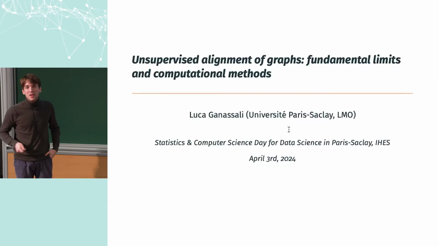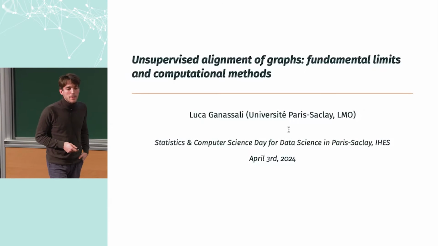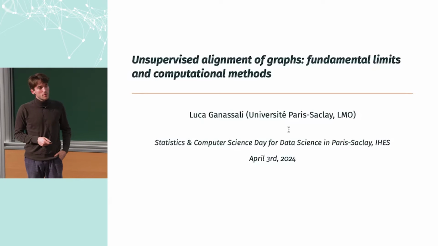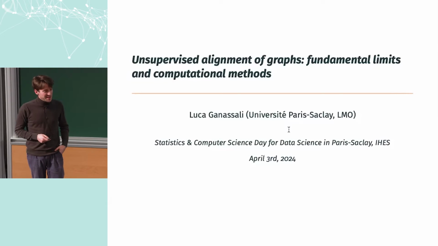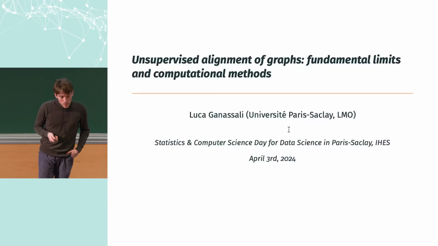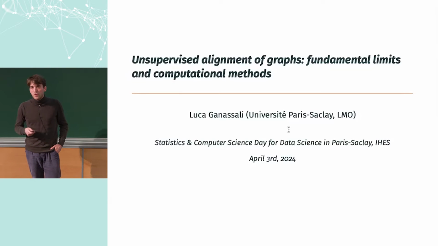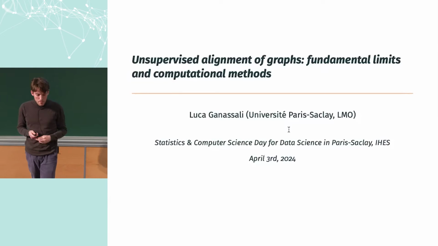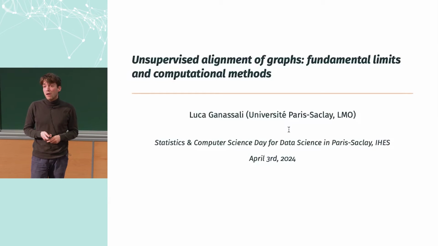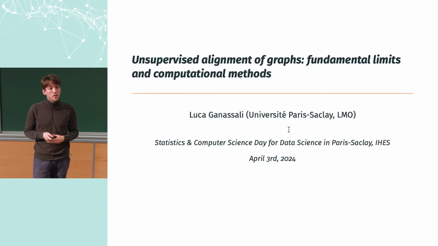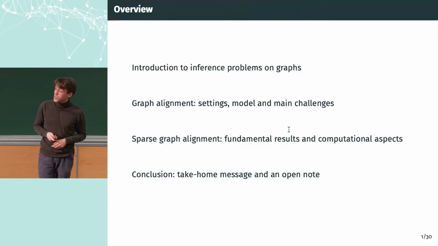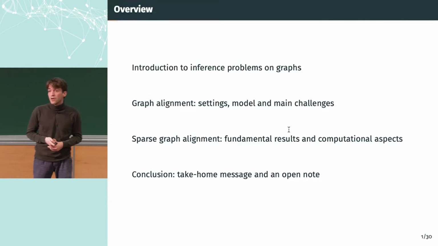So my talk today will be at the interface between statistics, machine learning, and computer science. So I hope everyone can learn something interesting. And yes, I will speak about graph alignment, which is one of the main problems in inference on graphs, but I will dedicate a substantial part of the talk to introducing this broad topic, which is inference on graphs.